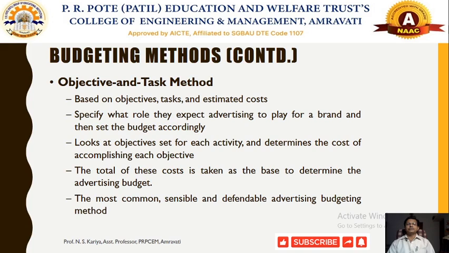It looks at an objective set for each activity and determines the cost of accomplishing this objective. Once we are in a position to achieve the objective, by considering whatever form of task we allocate for that respective objective, we need to allocate a particular cost for the fulfillment of it.